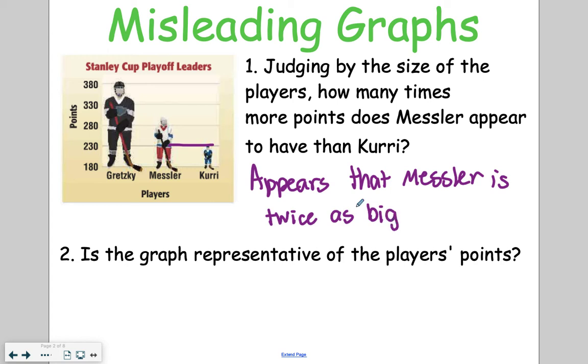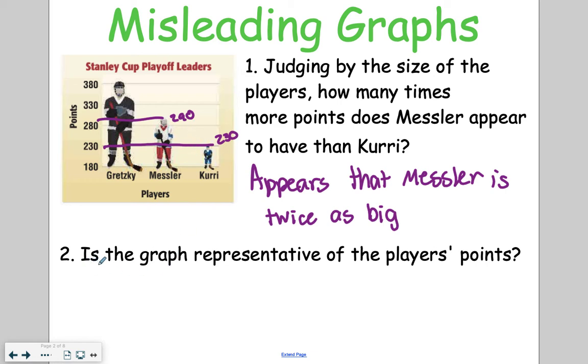But when we actually look at the numbers over here, Messler is probably somewhere around, if you look at the top of his helmet, maybe about 290. And Curry is at 230. I think we are all aware that 290 is not twice as big as 230.